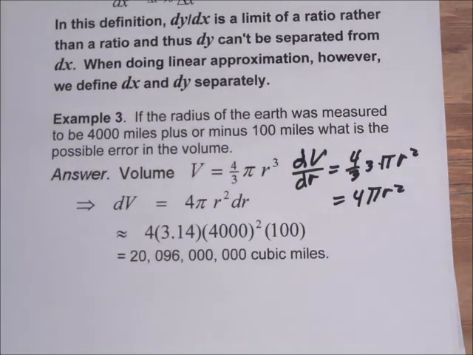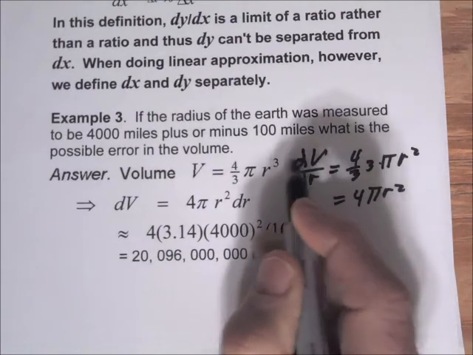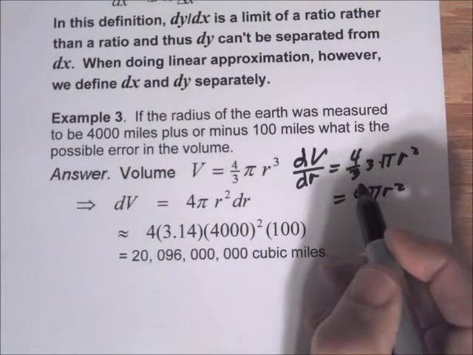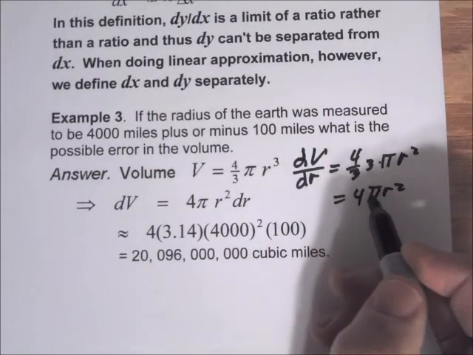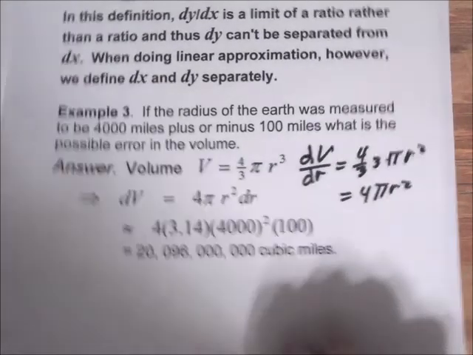So the possible error in the volume is very large: a small error in the radius makes a potentially very large error in the volume. That's an application of differentials.